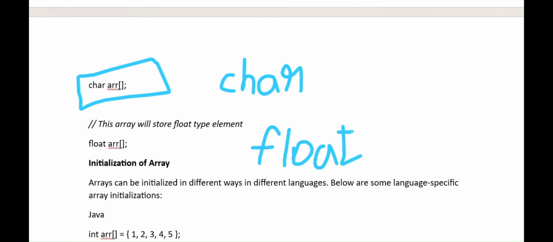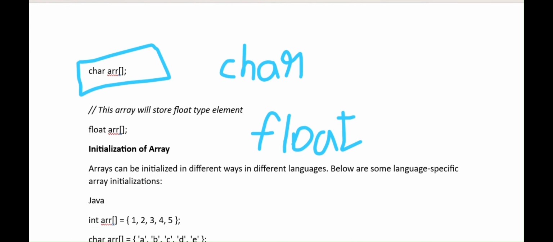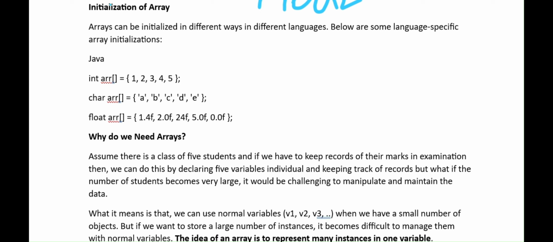We can initialize an array in the following way. Int array, curly braces open, and we declare the values. Here we are initializing the values of an integer data type. For character data type, we have to initialize character values only.